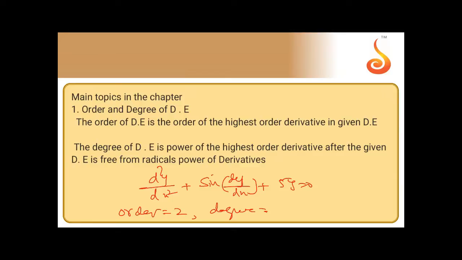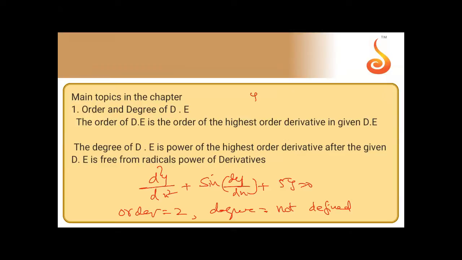Degree is not defined. You should write degree not defined. You should not write 0. Because it's not a polynomial in derivatives, sine of dy by dx is not a polynomial equation, so it is not possible to find the degree. So degree is not defined, but the order is 2. For every differential equation the order is defined, but the degree may be not defined.